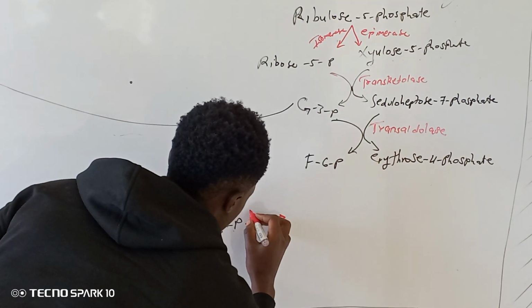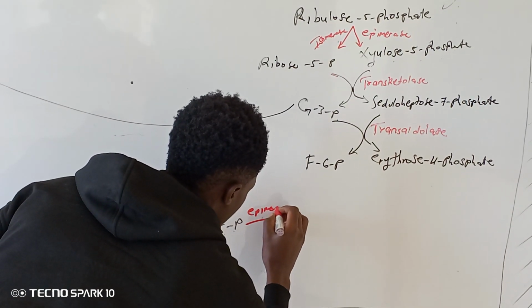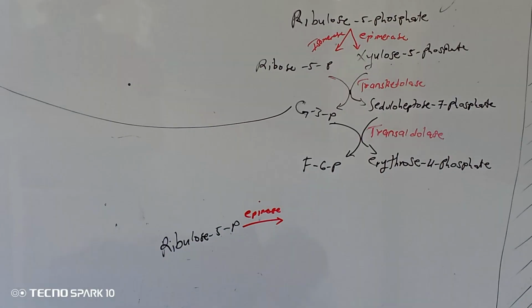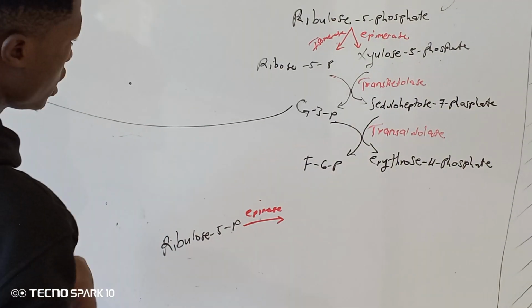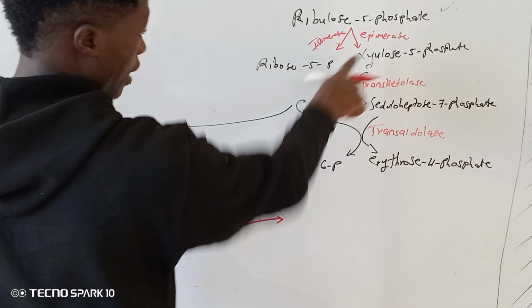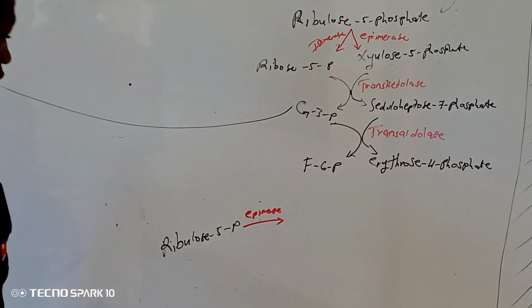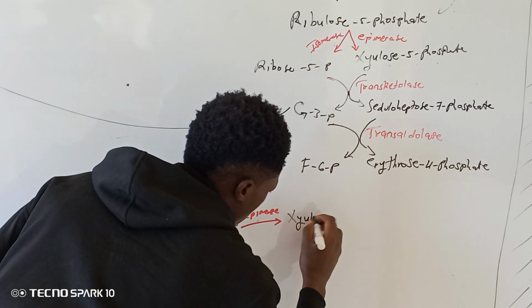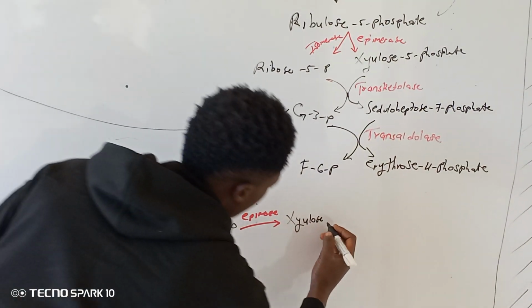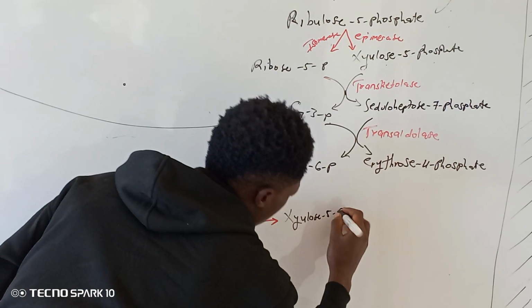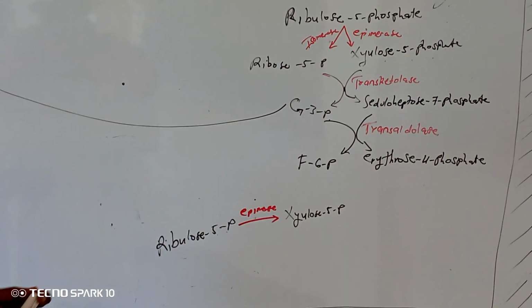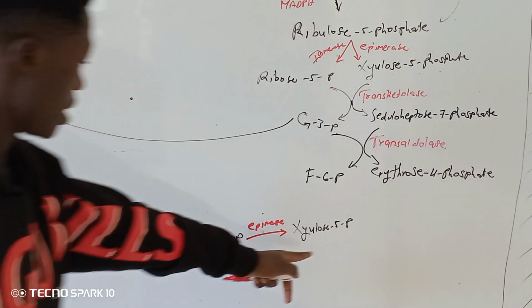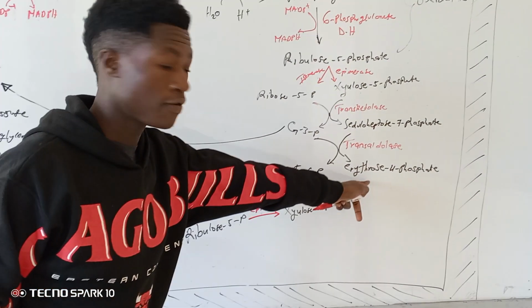What did we say? Epimerase is going to convert it to xylulose 5-phosphate. So you have xylulose 5-phosphate. Now, xylulose 5-phosphate can again react with erythrose 4-phosphate.